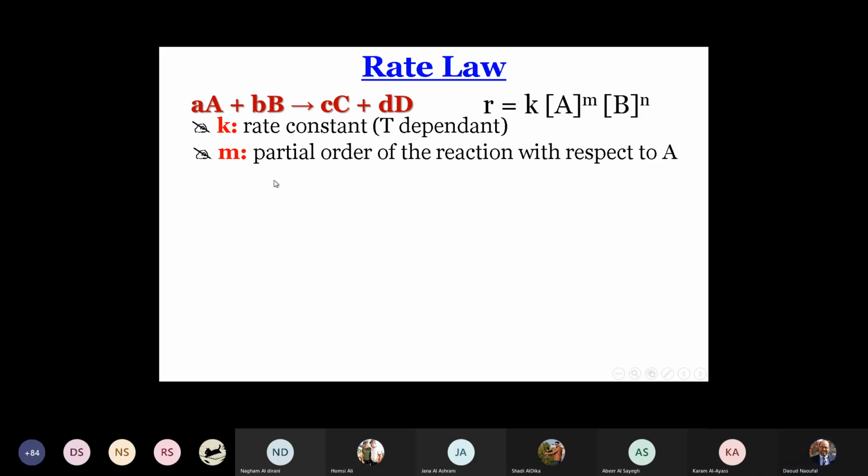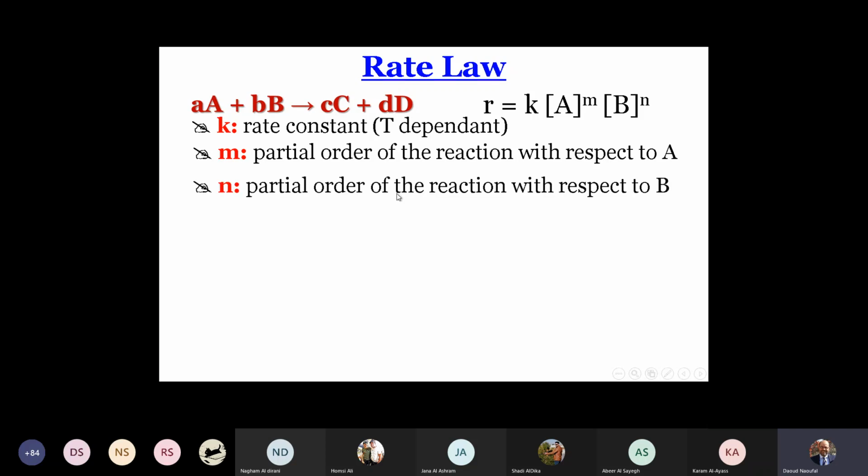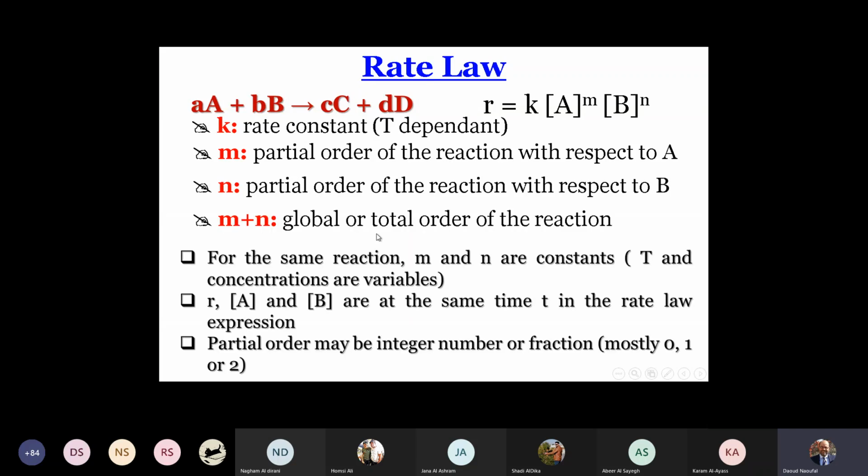m is the partial order of the reaction with respect to A, or in other words, the effect of the change of the concentration of A on the rate of the reaction. n is the partial order of the reaction with respect to B, or the effect of the change of the concentration of B on the rate of the reaction. And m plus n is the global or the total order of the reaction.